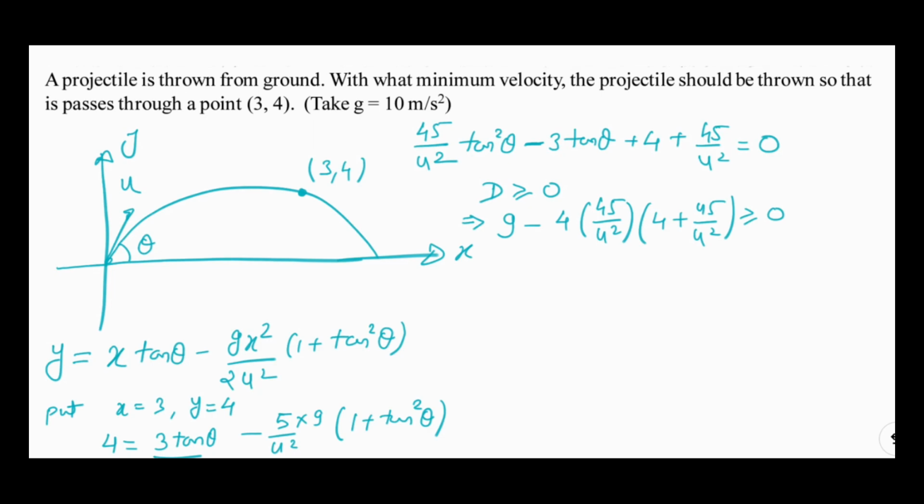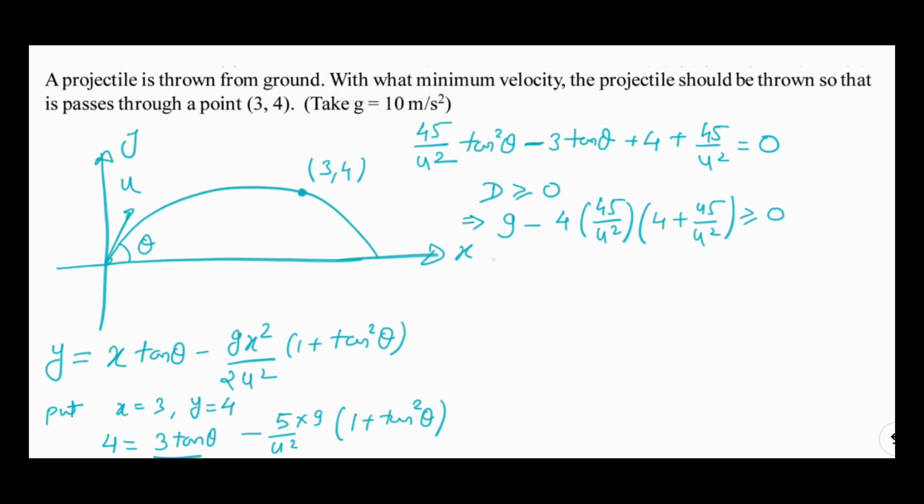If you observe properly, this is a condition on the velocity u. In order for this quadratic equation to have real roots, there is a condition on the velocity. This is the condition on the velocity of projection for which the particle passes through the point (3, 4). So let's further solve this condition.